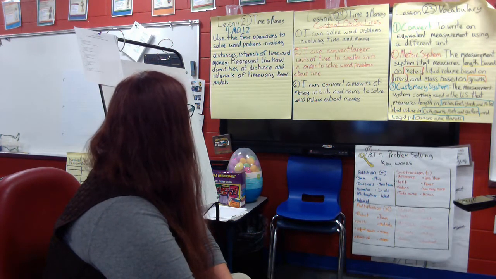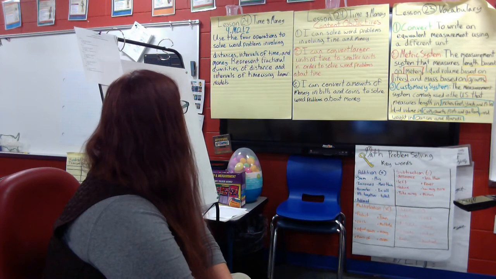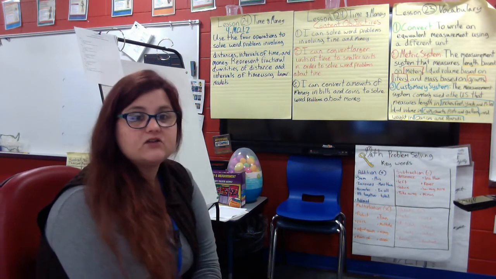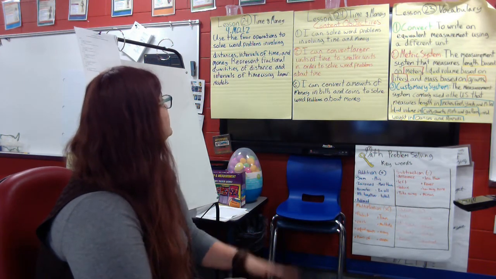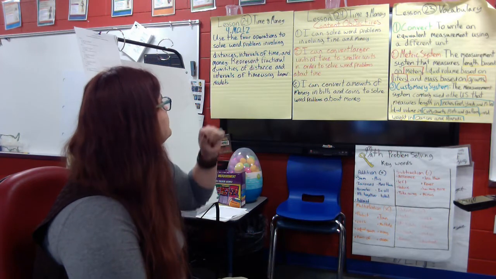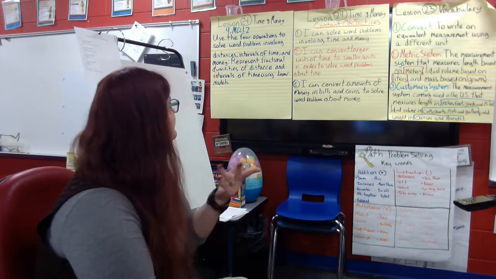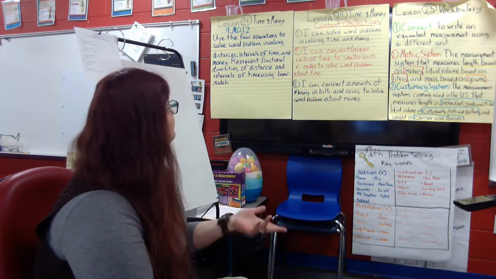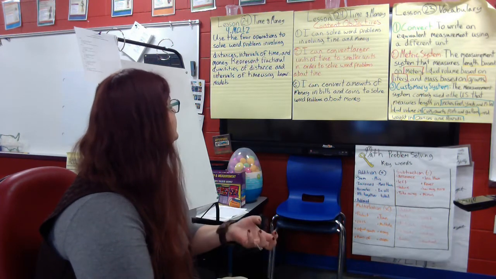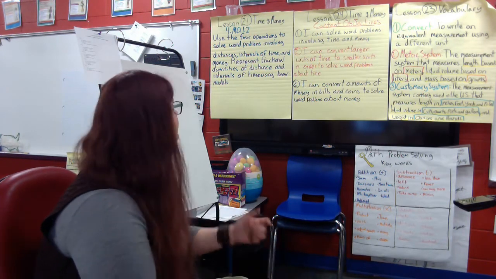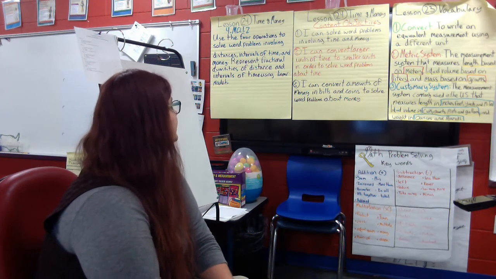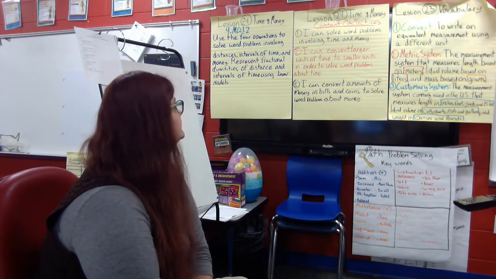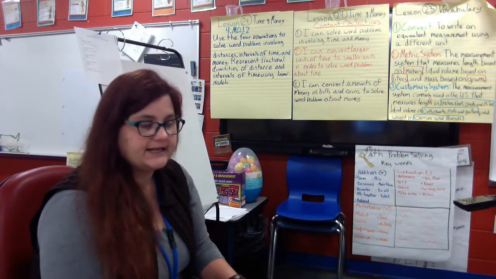Represent fractional quantities of distance and intervals of time using linear models. That sounds like a lot and it sounds super confusing, but all I'm really asking you to do is I want you to be able to solve word problems involving time and money. I want you to be able to convert larger units of time to smaller units in order to solve word problems about time. And I also want you to be able to convert amounts of money in bills and coins to solve word problems about money.